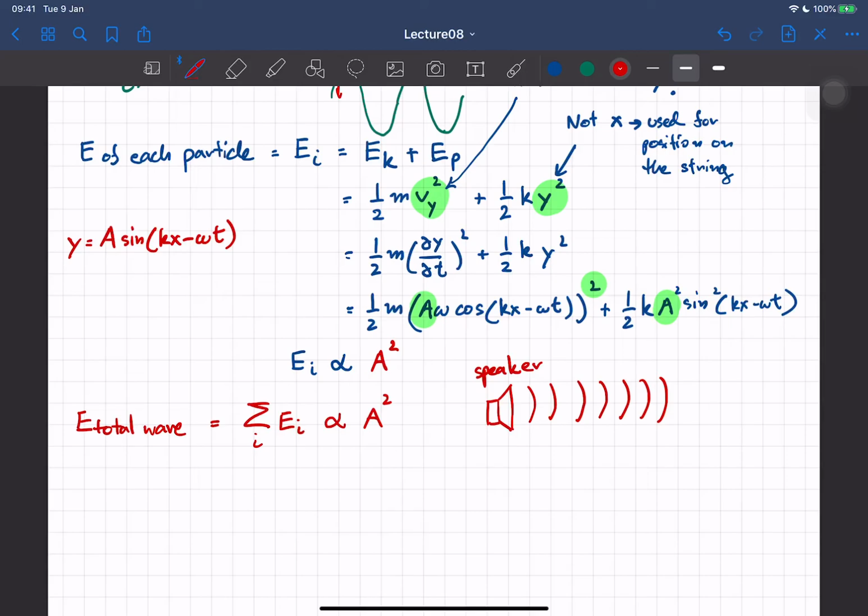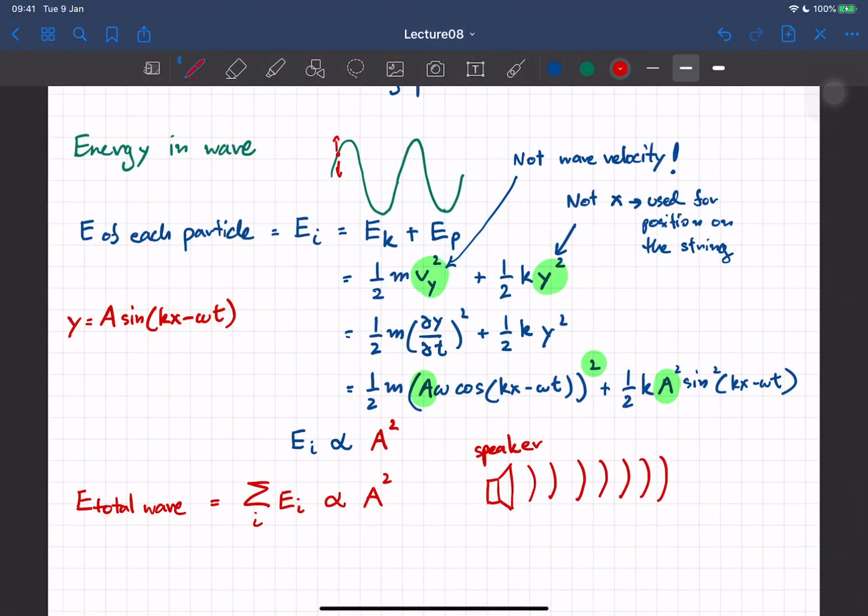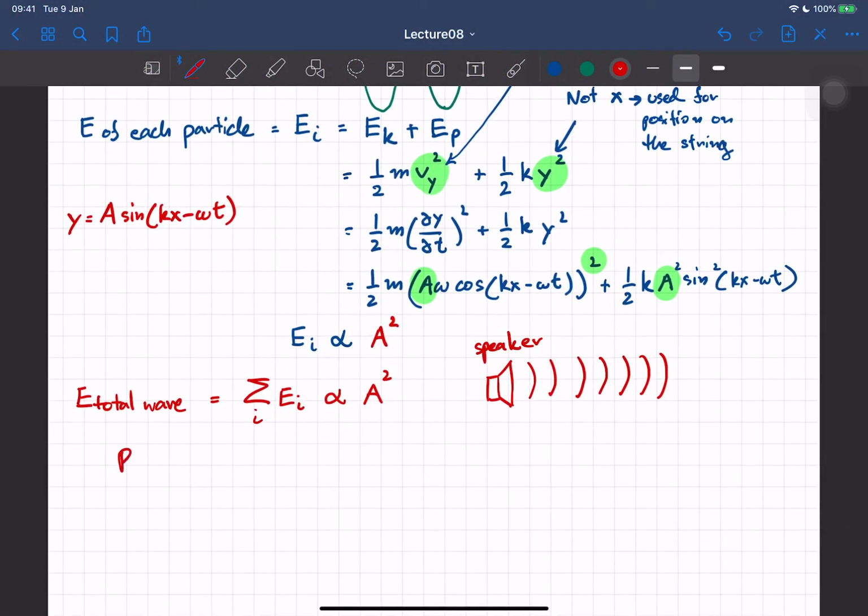So instead of the energy, we're gonna talk about the power of the wave, which is the total energy per unit time that the source of the wave, in this case the speaker, is giving out. Right? In any case, the time is just time. It's not going to change the proportionality here.